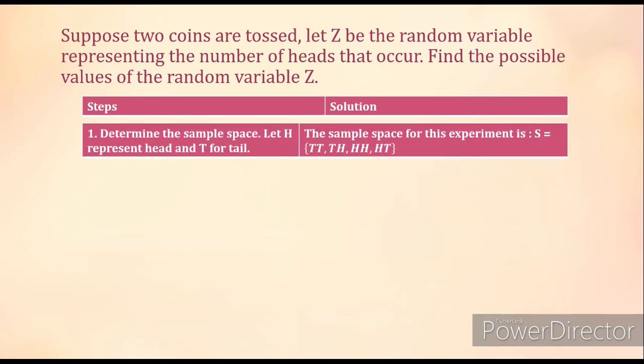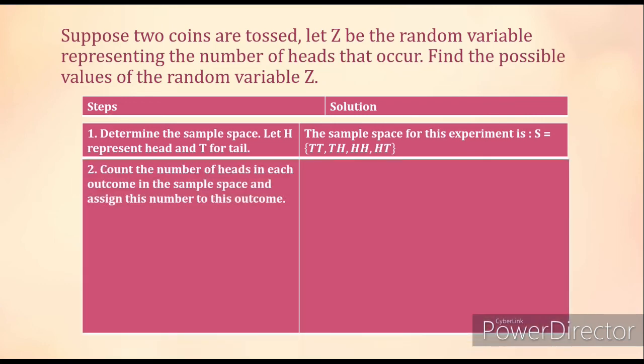Determine the sample space. Let H represent head and T for tail. The sample space for this experiment is the following: head head, head tail, tail head, tail tail.